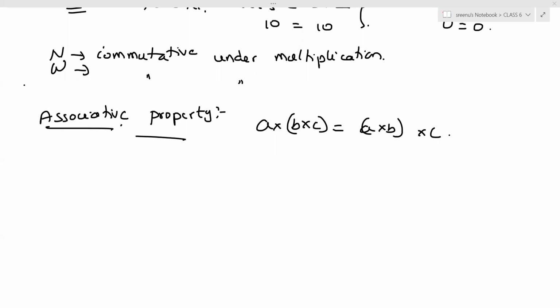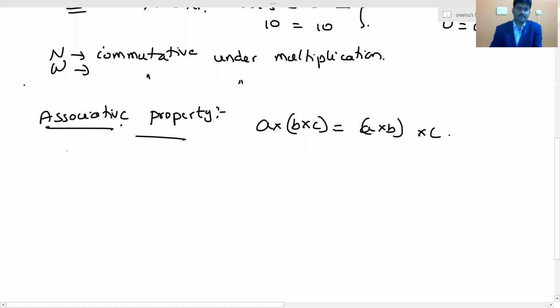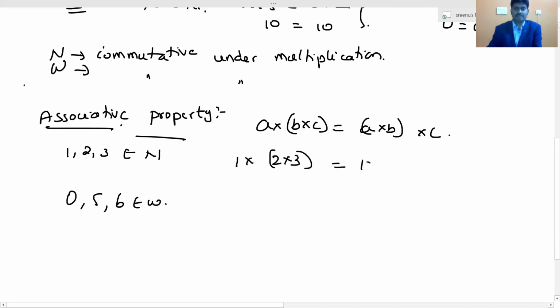Let's take three numbers: 1, 2, 3 from natural numbers, and 0, 5, 6 from whole numbers. 1 into 2 into 3 is equal to 1 into 2 into 3. 1 into 6 is equal to 2 into 3. 6 is equal to 6. LHS is equal to RHS. Hence, natural numbers are associative under multiplication.